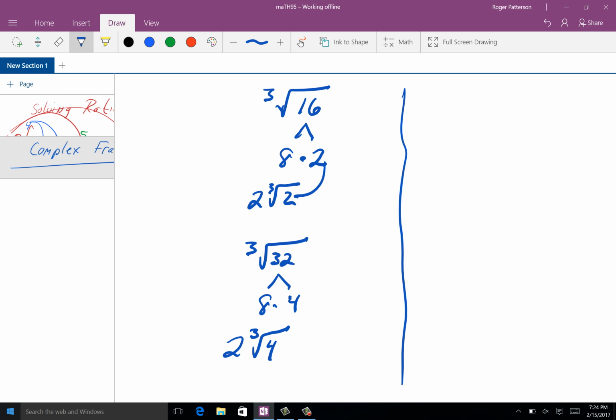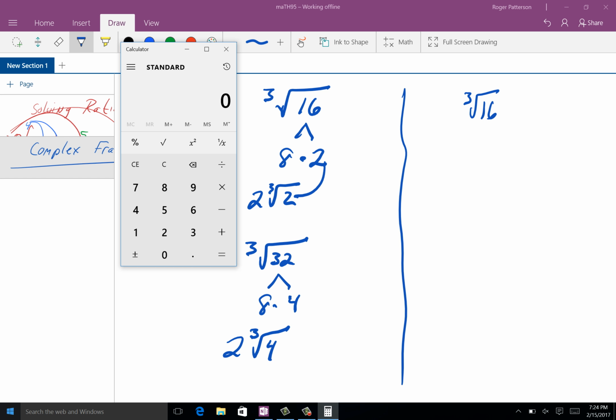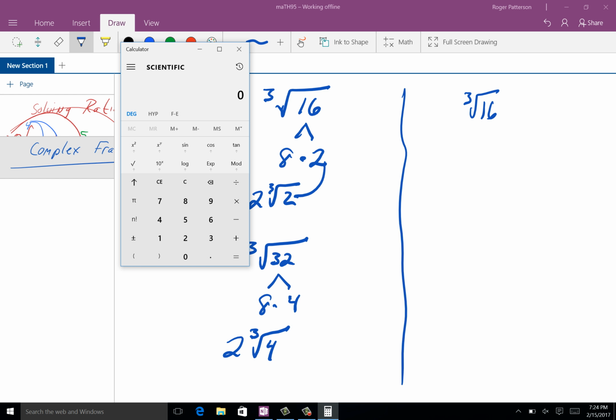All right. Now we will approximate or calculate or evaluate the cube root of 16. So this does kind of depend on what kind of calculator you have here. I have no idea how to do it on mine. Scientific, that's what I want.